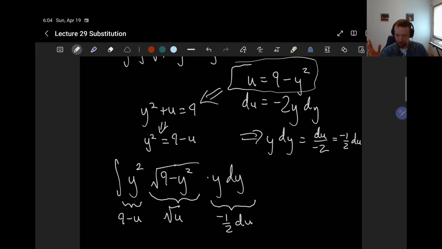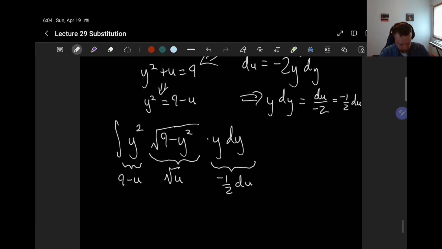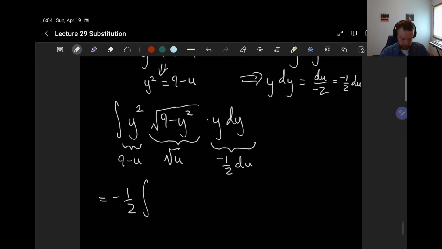And now we have our new integral in terms of u. So I'm going to write this negative 1/2 first, get it out of the way. Then 9 minus u times u to the 1/2, same thing as a square root, du.